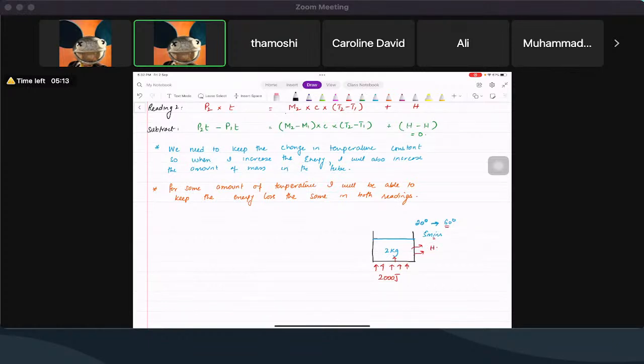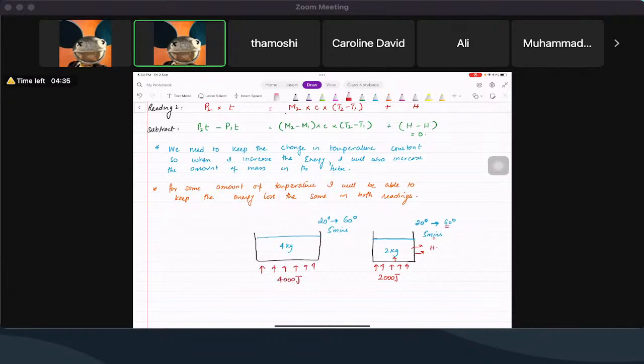Now, in the next reading, I take a larger amount of water, but I want it to go from 20 to 60 in 5 minutes. I know that if I take it as 4 kg, it won't be possible to heat it in 5 minutes, because 2 kg gets heated in 5 minutes for the same amount. So I will increase the amount of heat supplied to it to 4000 then.